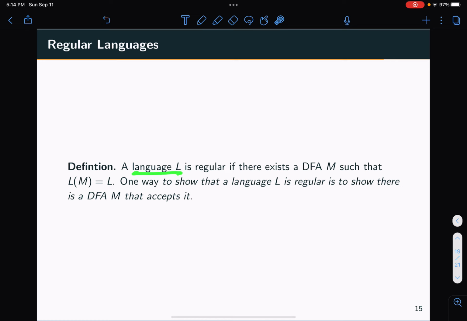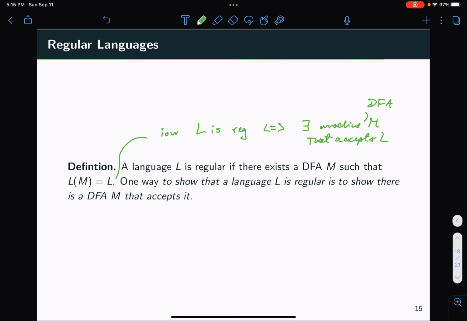A language L is regular if there exists a DFA M such that the language accepted by M, or the language recognized by M, is L. In other words, L is regular if and only if there exists a machine M, which is a DFA, that accepts L.